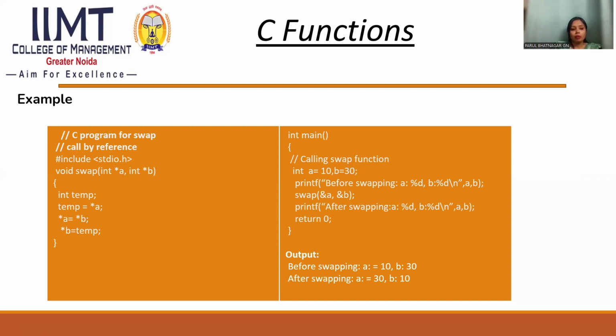With the help of the temporary variable, we swap the values of the A and B variables. We call this function in main. When we call this function in main, in the parameters we now pass the address of A and the address of B.